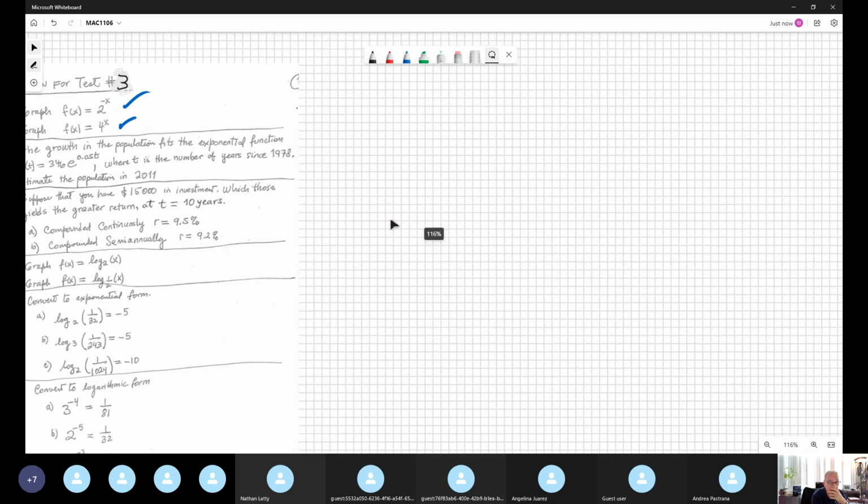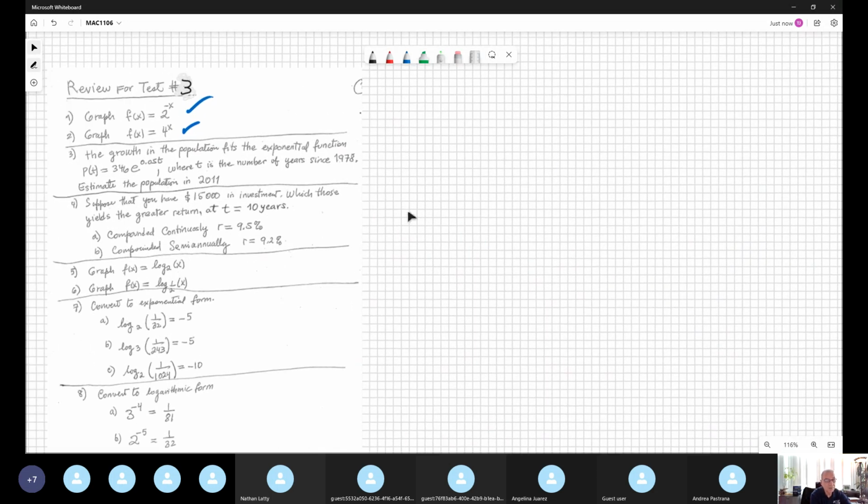I want to explain everything in detail. Please pay attention. And number 4 is a hypothetical problem talking about a population, where the growth fits the exponential function given.